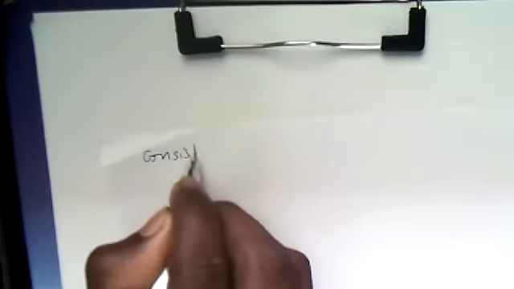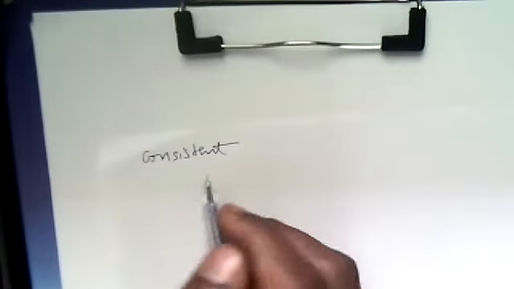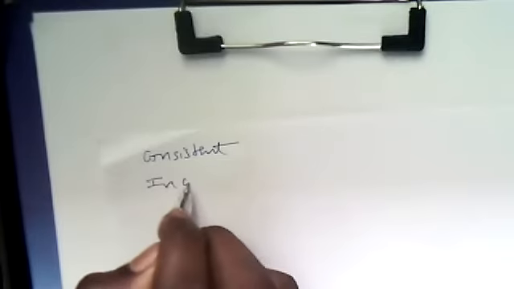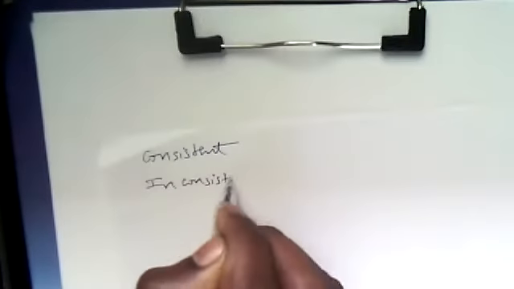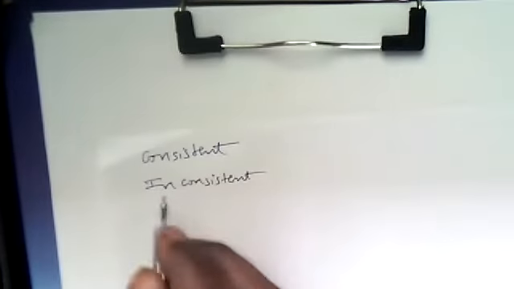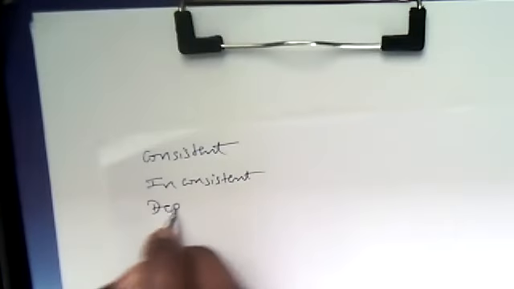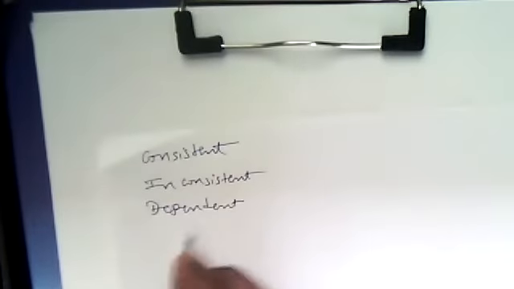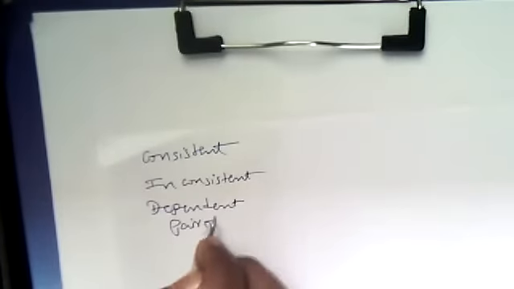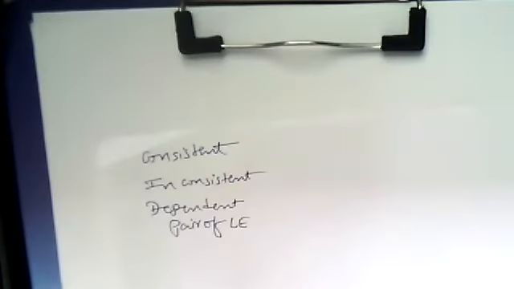In the first case, I gave the three conditions. What are the three conditions? One is when two lines are consistent, another is when two lines are inconsistent, and the third condition is a dependent pair of linear equations.